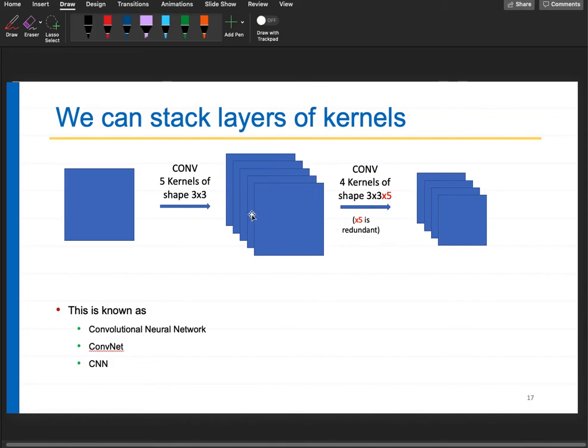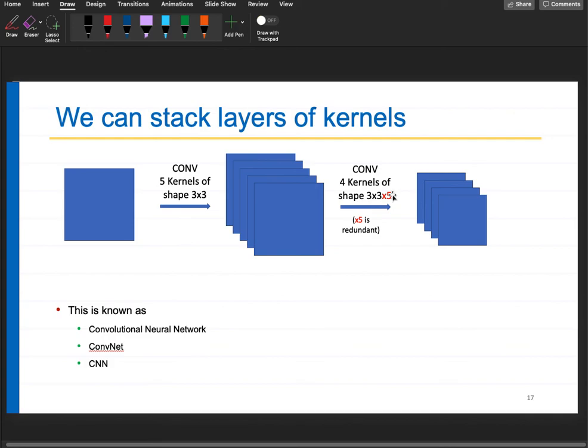It's popular practice. Okay, so you used 5 kernels. You got this n cross m cross 5, and then you are using, let us say, 4 kernels, and the shape of each kernel is 3 cross 3 cross 5. Why 5? Because we are assuming that these are correlated, and we are not convolving along the depth.